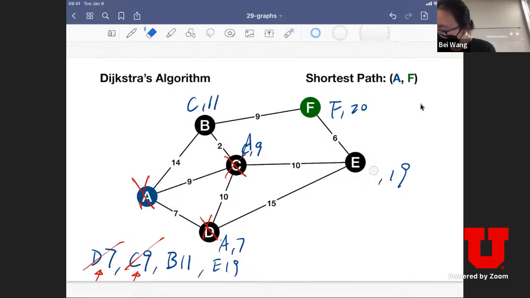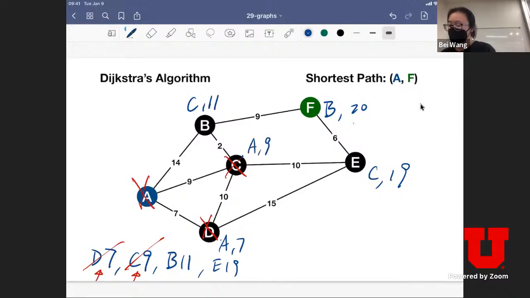This is coming from C. This is coming from B. Sorry, I was doing destination. I should always do the source. So I have done C9. This is A9. Okay, so I've done everything except for the beginning of the queue, which is B11.